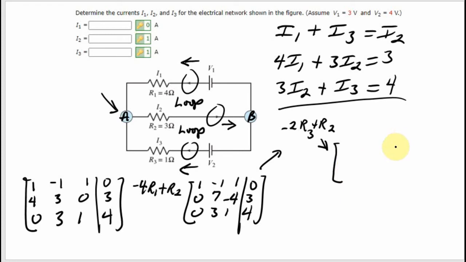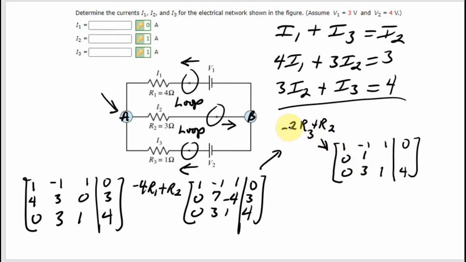So let's see here. Row 1 stays the same. Row 3 stays the same. So this is 1, 0, that's 1.